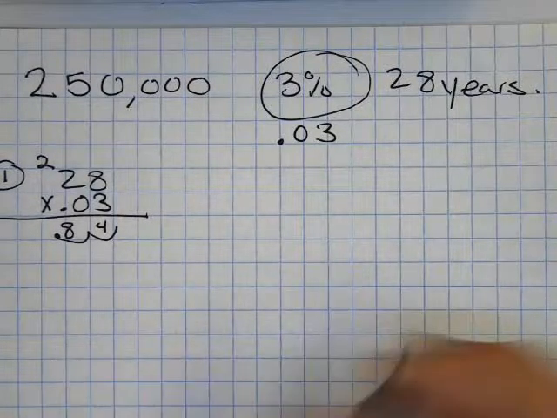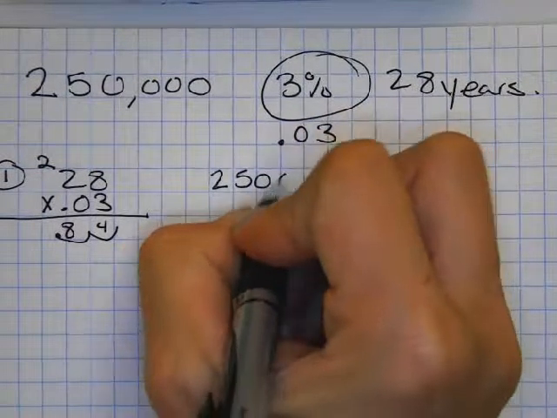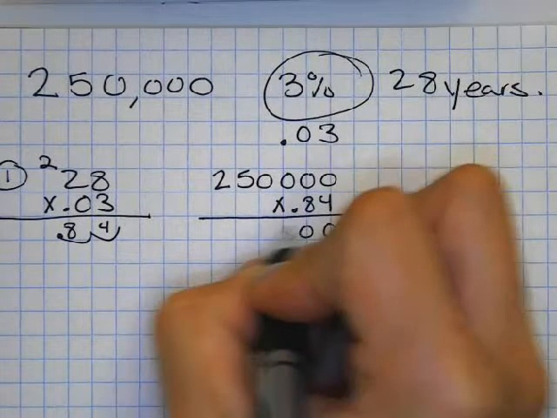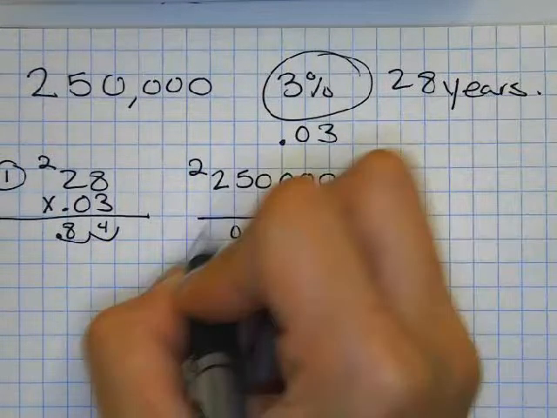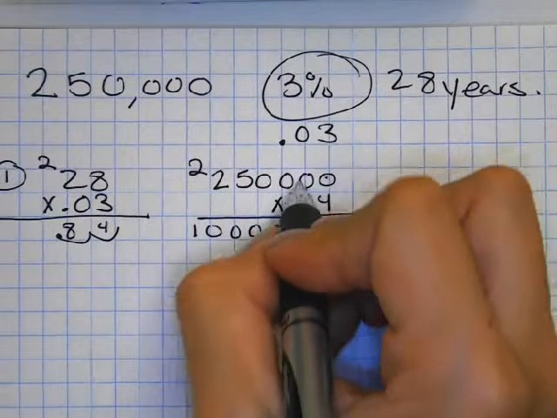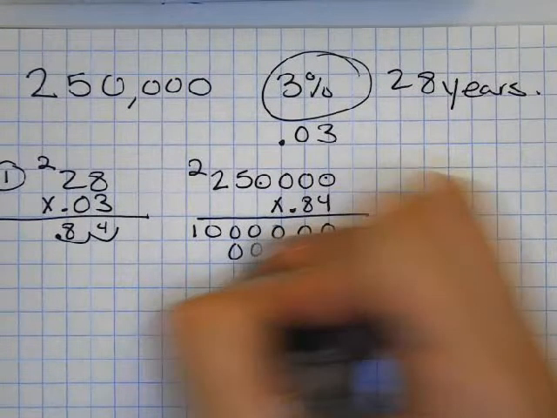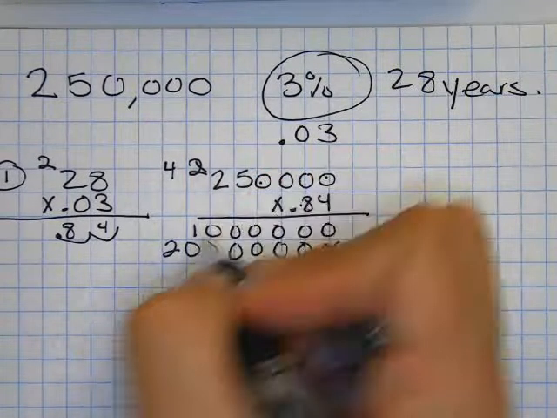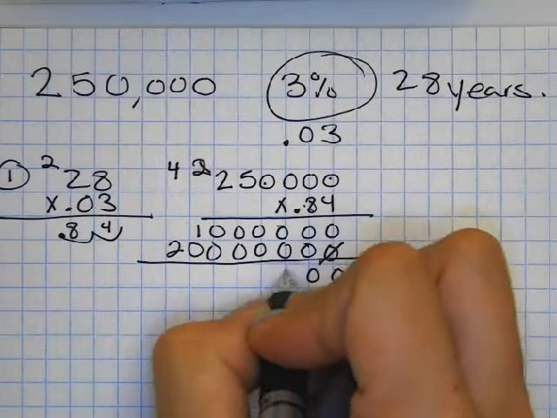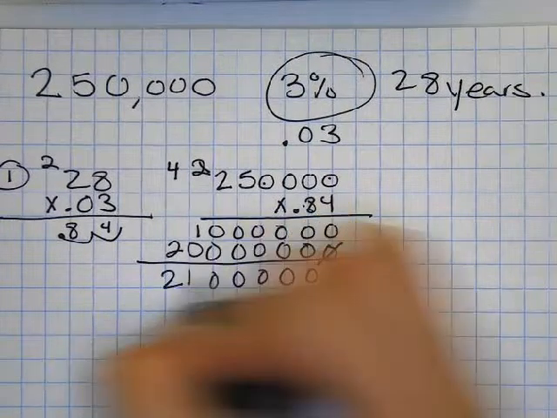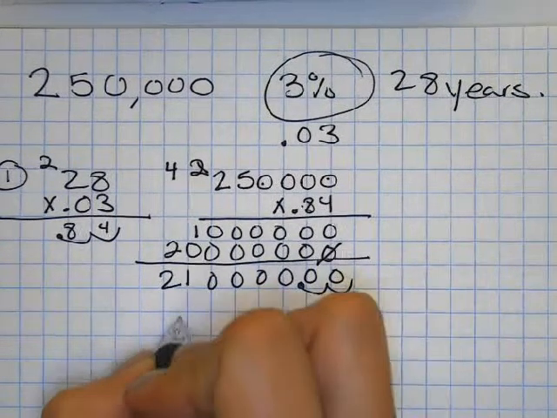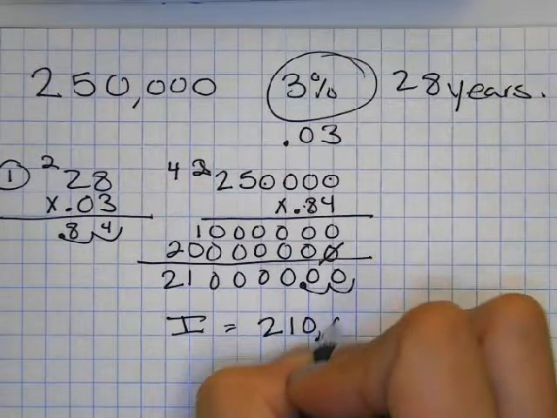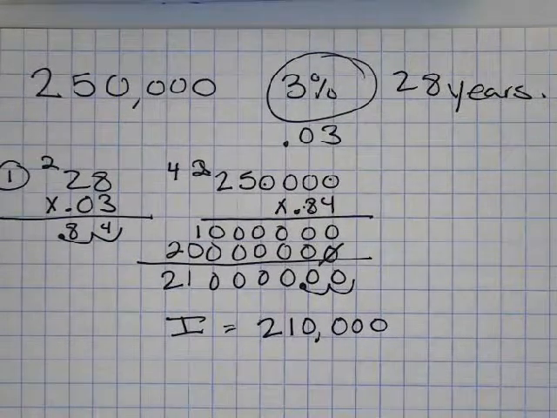Is that correct? Okay, so now I'm going to take 250,000 and multiply it by 0.84. This is your interest. 210,000.